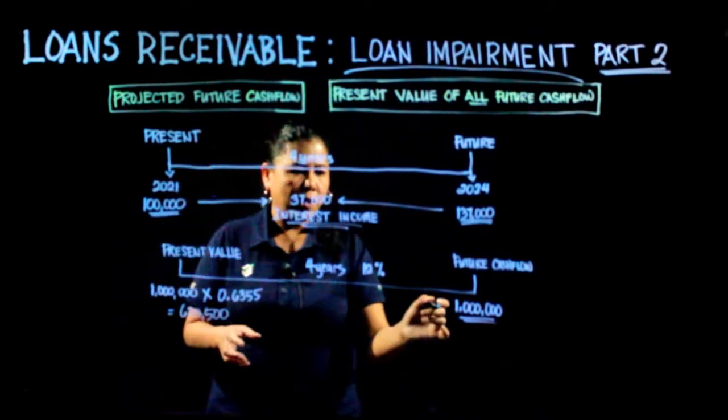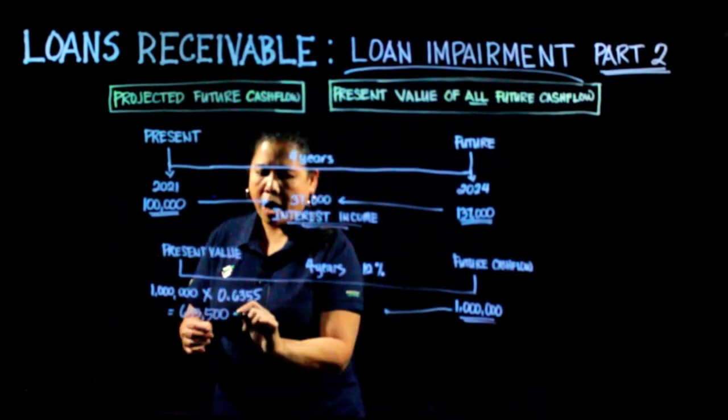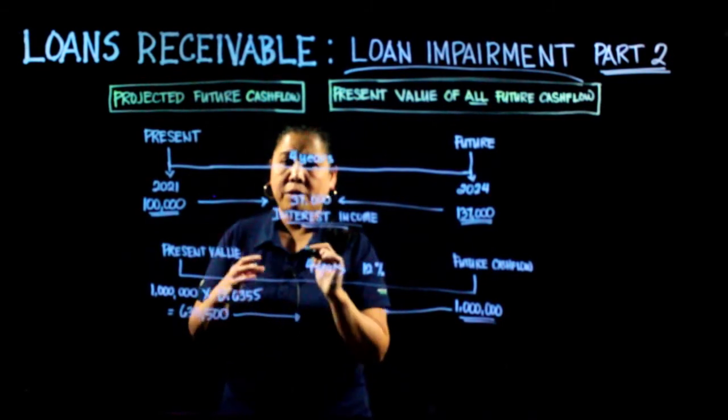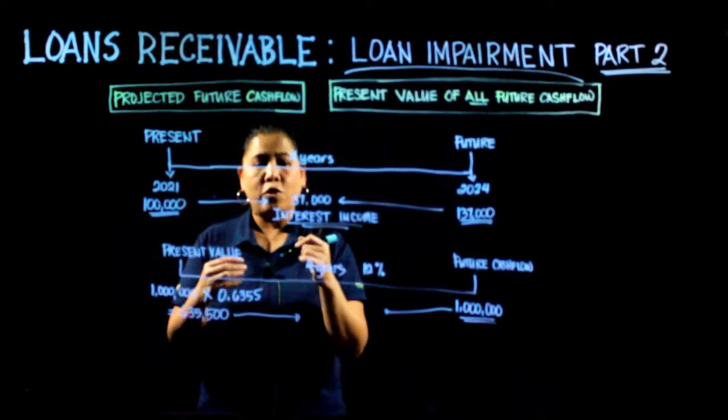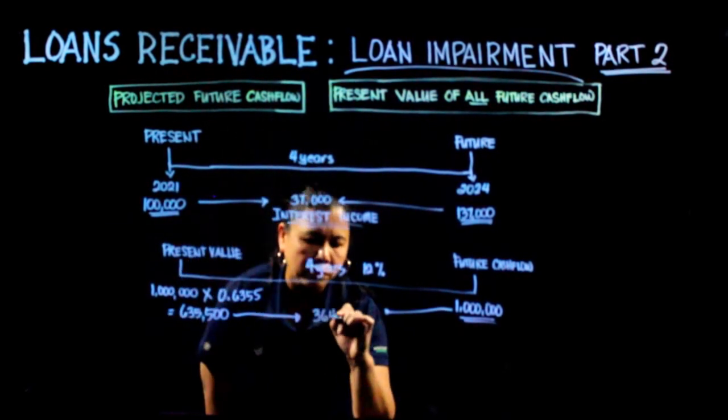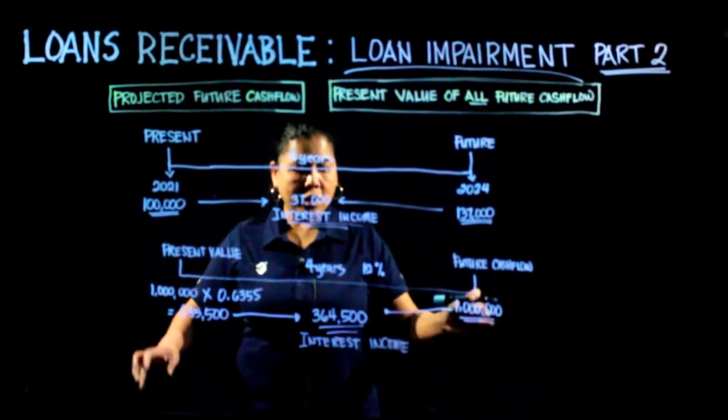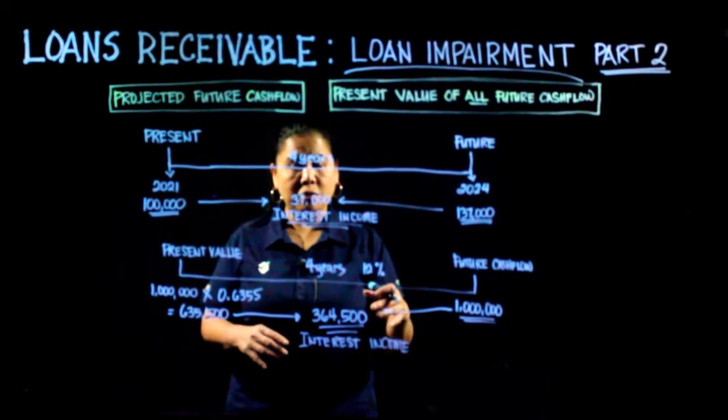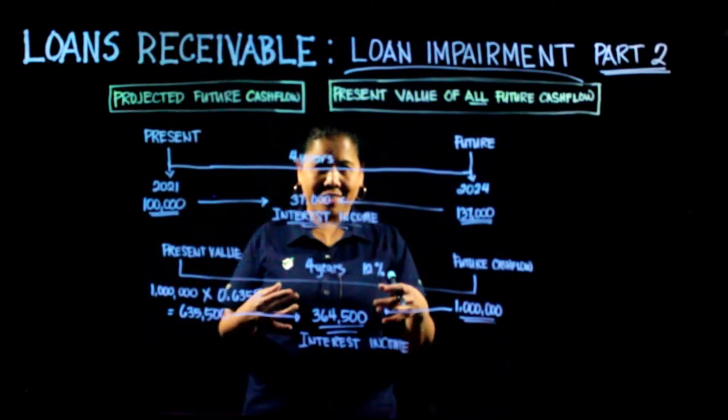Alright? So, ang difference ng 1,000,000 at 635,500 ay iyong interest income. So, ang difference niya na 364,500 ay yung interest income.